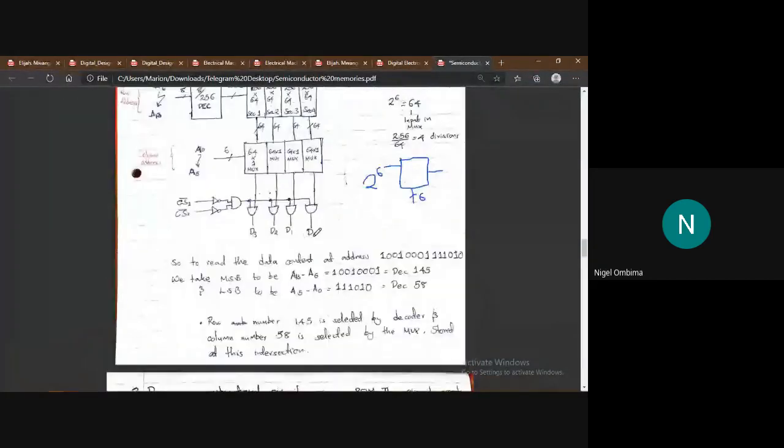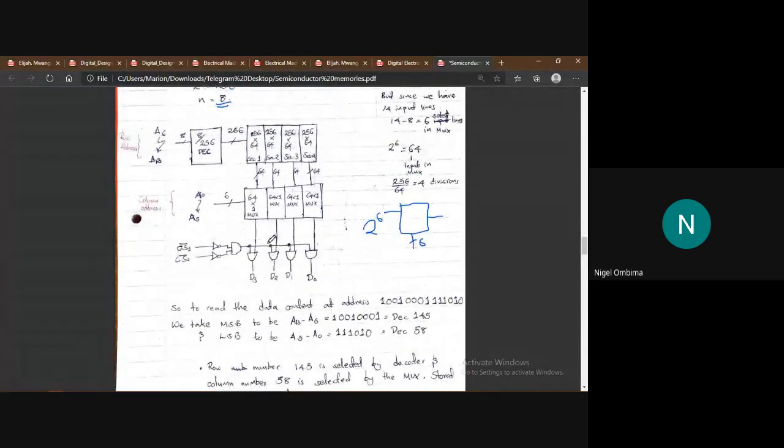So we got our data out to be D0, D1, D2, and D3. In order to confirm what we've just drawn, to read the data content of this address, we take the most significant bit to be this. The most significant bit will always be the one of the decoder, and the least significant bit will be the select lines of the multiplexer, A5 to A0.